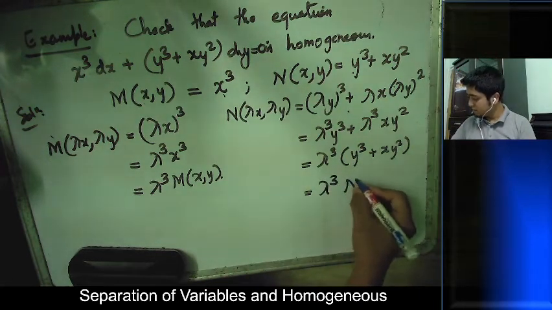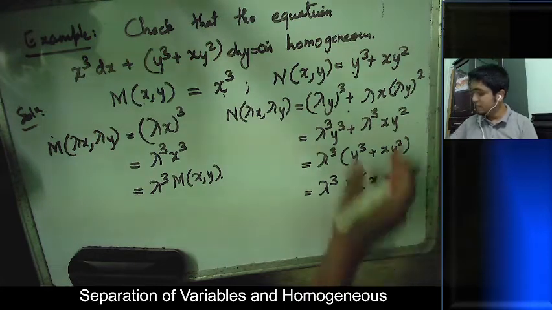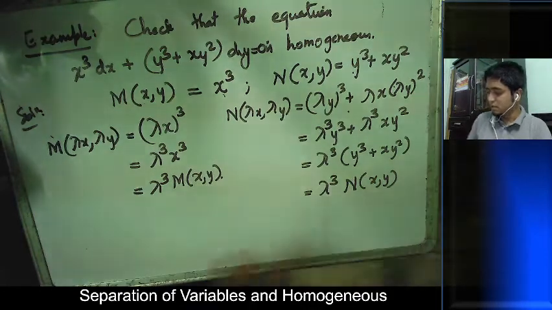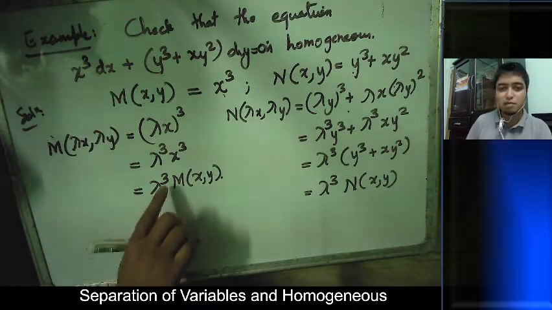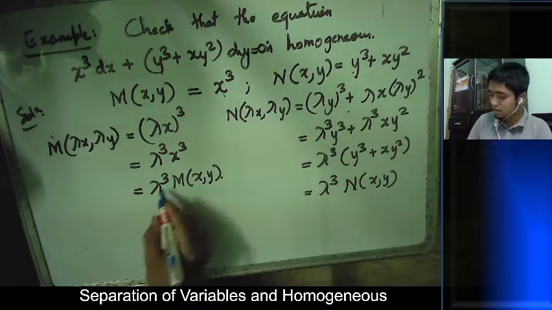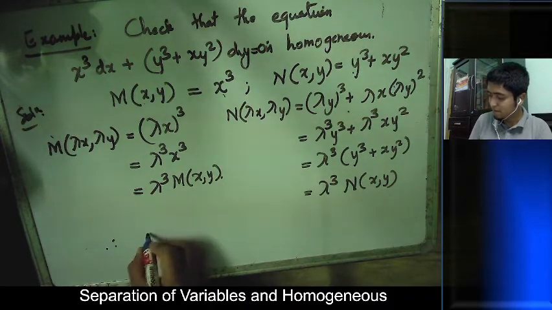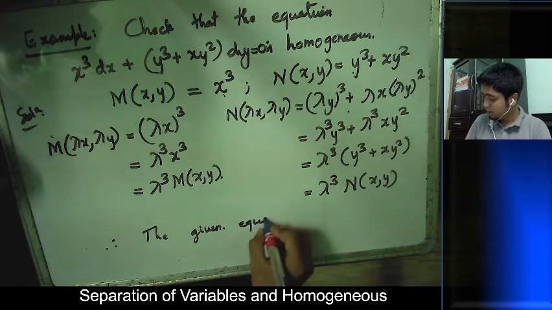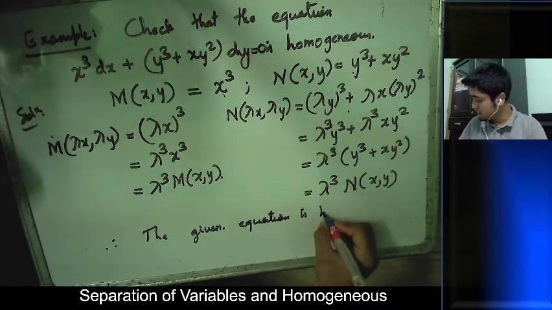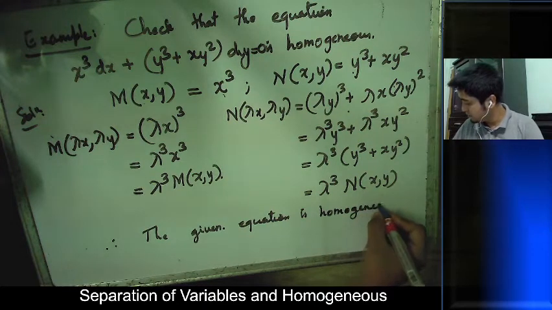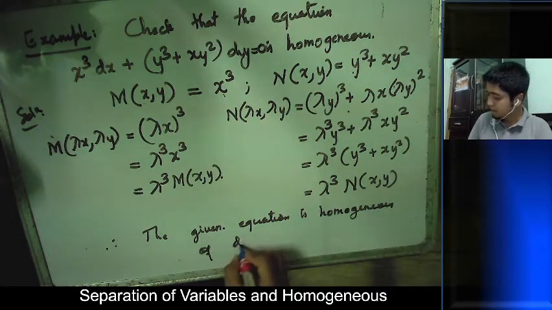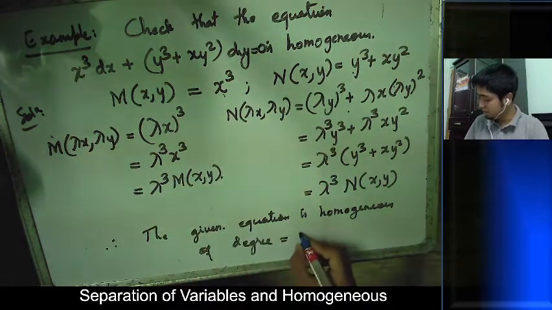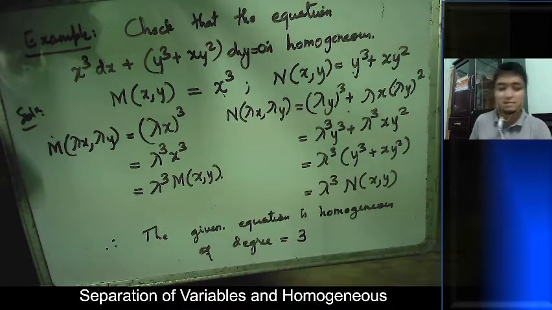So we notice that this one is actually λ cubed times N(x, y). So this one is equal to this one, with λ raised to the power 3 in both of them. That is why it is homogeneous, of degree 3, the power of λ.